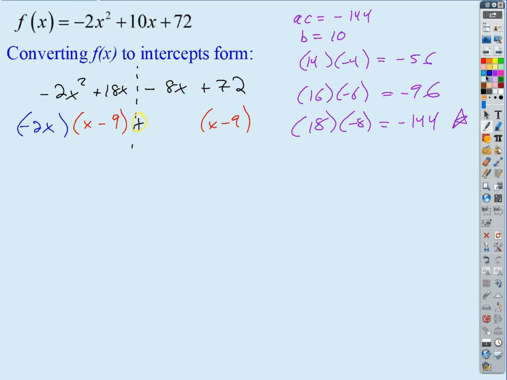So what would I factor out to make that happen? Negative 8, right? Okay, so then if I factor out an x minus 9, what am I left with? I'm left with negative 2x minus 8, right?